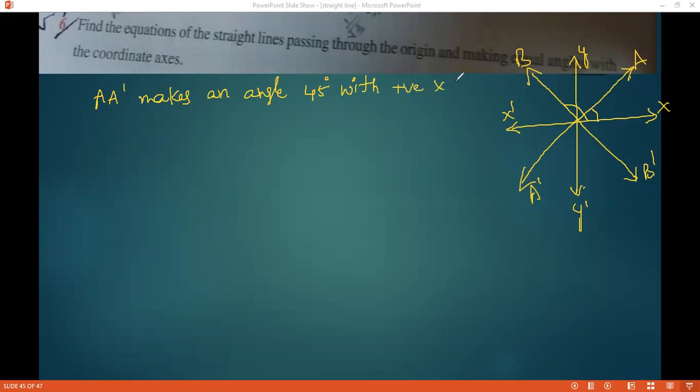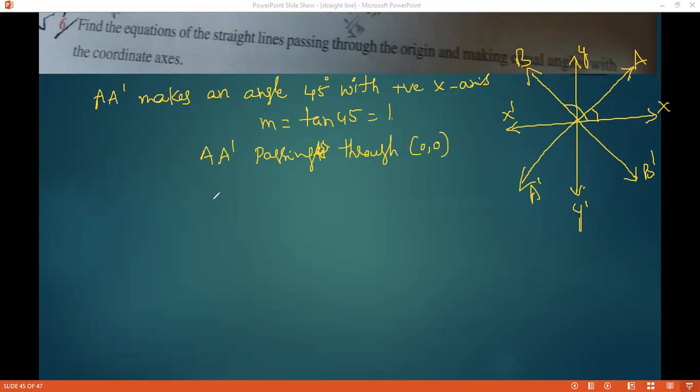Whenever it makes an angle with the positive x-axis, m is equal to tan 45, which is equal to 1. And AA dash is passing through which point? The origin, 0, 0.